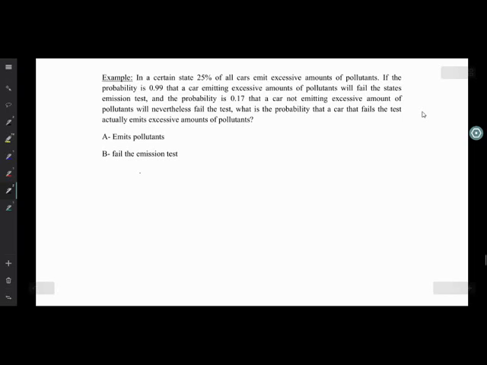Let's use a tree diagram to answer this question. So the first level of the diagram is about emitting the pollutants. It says that 25% of all cars emit excessive amounts of pollutants. So there are cars that emit pollutants and there are cars that do not. So let's say the first branch is emitting pollutants, that probability P(A) is 0.25. The rest of the vehicles do not, so let's say P(A not).